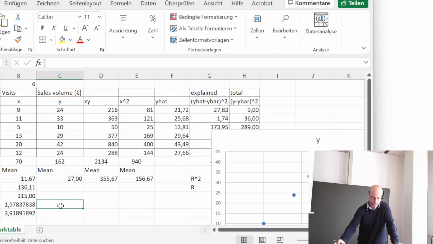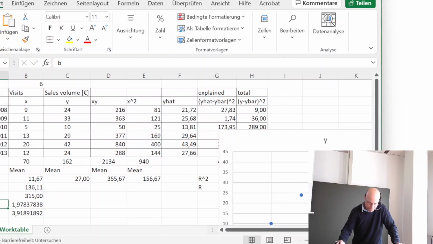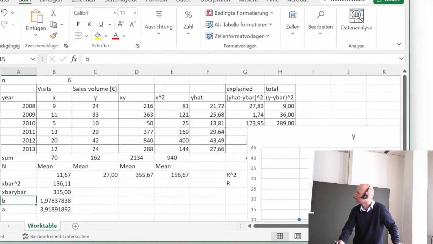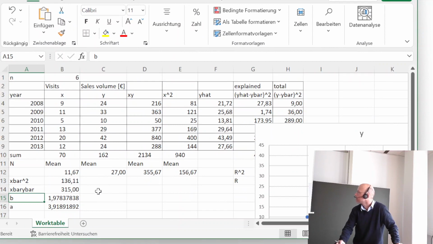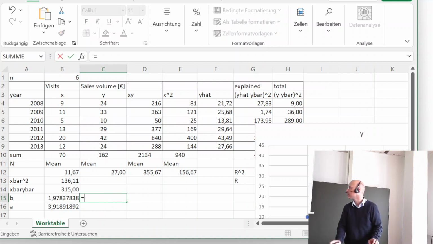Because here, remember, B was the slope of our fitted data line. And this slope we of course can also obtain using what is in German Steigung; in the English version I think the name will be slope or something like this.